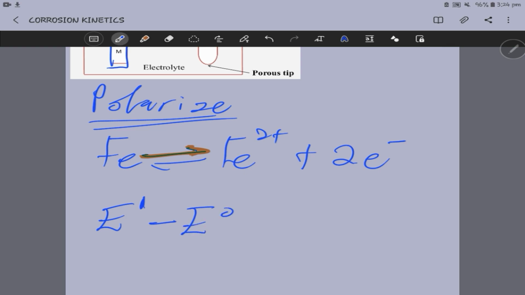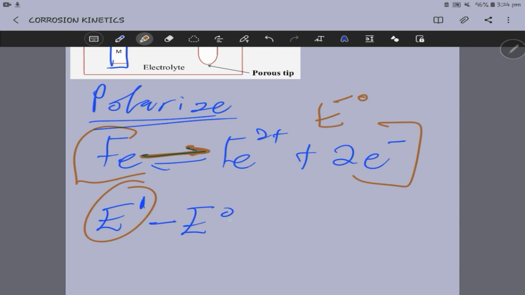We've already seen that for every reaction in this form, there's something we call a standard potential. If the potential you apply is greater than this standard potential, there will be an excess. When there's excess, the reaction will be able to go this way and end up corroding it.